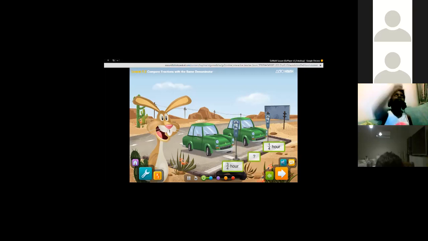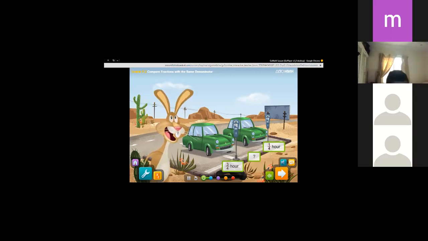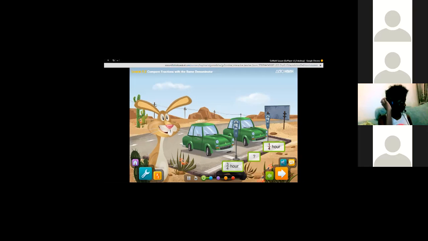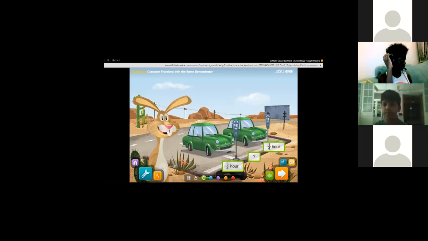This car has been parked for 3/4 hour, and this car has been parked for 1/4 hour. Which car do you think has been parked here for a longer time? I think we can find that out by comparing these fractions. Let's use models to compare fractions with the same denominator. That'll help us answer the question.